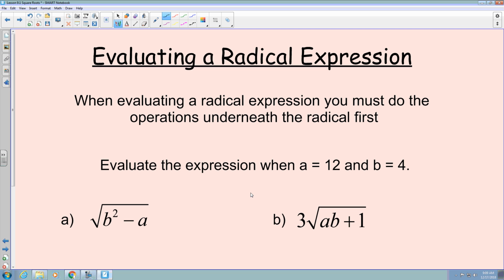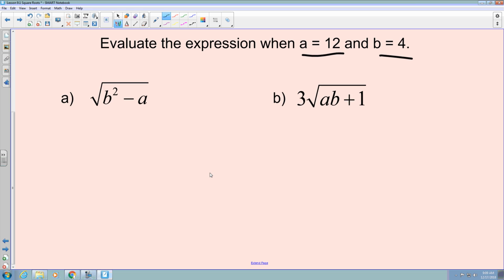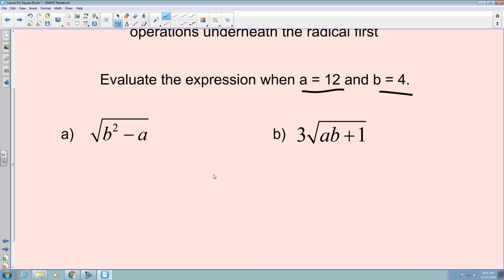Another thing they're going to ask us to do is evaluate. We've done this before, where we have numerical values represent variables, and then we go about substituting them in and then solving. So for example A, I got the square root of b squared minus a squared. When I insert the values, it's going to be 4 squared minus 12.